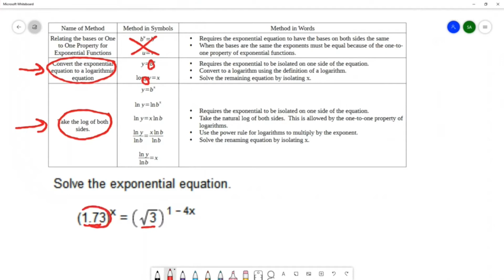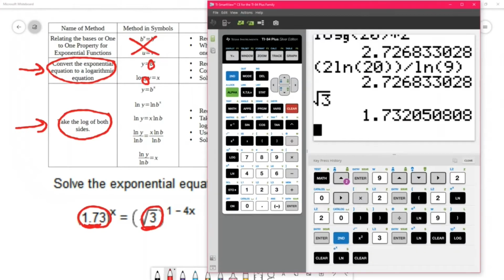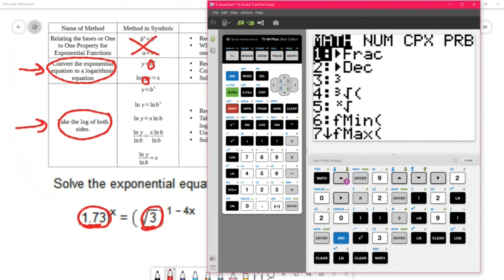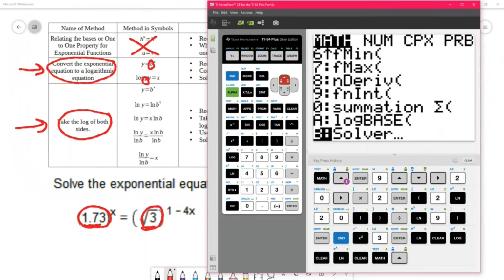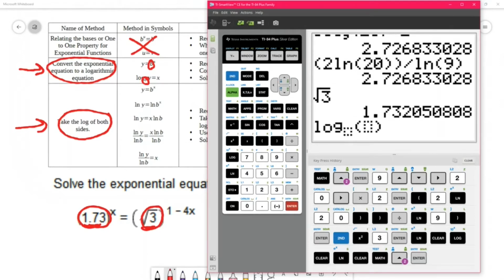So it would have this base or it would have this base. And in this calculator, that button is not on the home screen. You have to go into the math menu, and down here at the bottom of the list, you have a log where you can specify the base. So I'm choosing to take the log of both sides so that when I get my answer, it's a little bit easier to type in my calculator to get the approximate value of the solution.